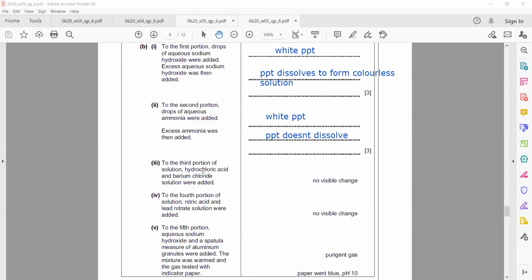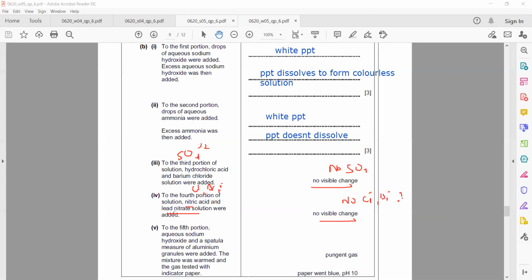To the third portion, we add hydrochloric acid followed by barium chloride. This is a test for sulfate ion. And we do not observe any visible change. So it means there is no sulfate ion present. To the fourth portion, we add nitric acid followed by lead nitrate. This is a test for halide: chloride, bromide or iodide. If no visible change, it means there is no chloride, bromide or iodide.